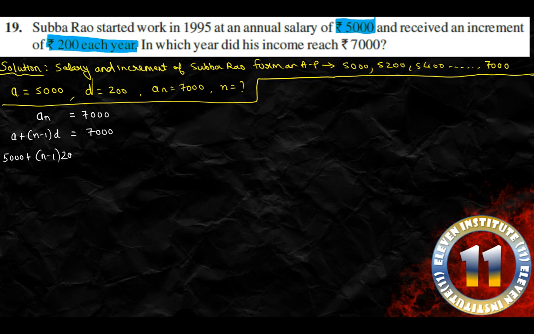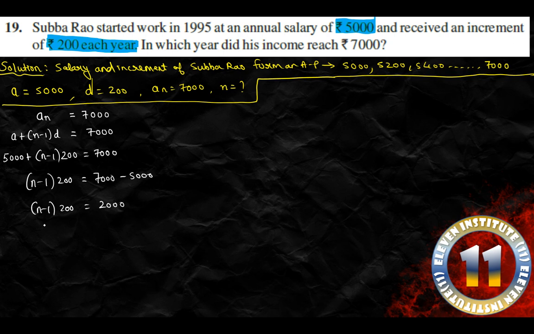Instead of d we will write 200 is equal to 7,000. 5,000 will go to the other side. So on the left side, n minus 1 into 200 will remain as it is. Here we have 7,000 and this 5,000 will become minus. So n minus 1 into 200, 7,000 minus 5,000 is 2,000.